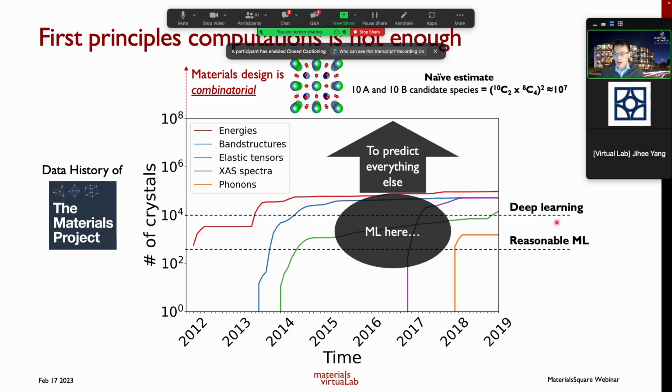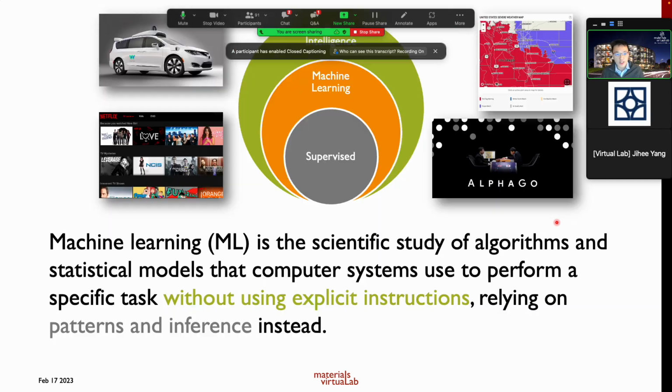All right. Most of you have probably heard about machine learning, but just in case there are some of you who are not too familiar with it, machine learning essentially is the scientific study of algorithms and models that allow a computer to perform a task without explicit instructions, right? Instead, usually what you do is give the algorithm the data.